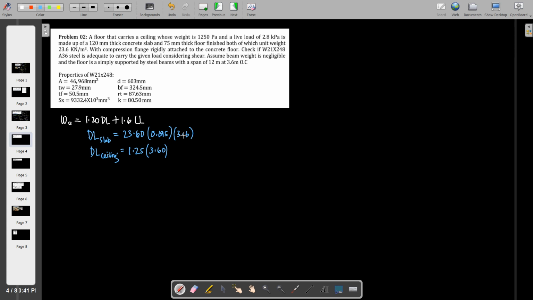So 1.25 times 3.6, we have 4.5. So ito, 23.6 times 0.195 times 3.6. This is equal to 16.57 kilonewtons.